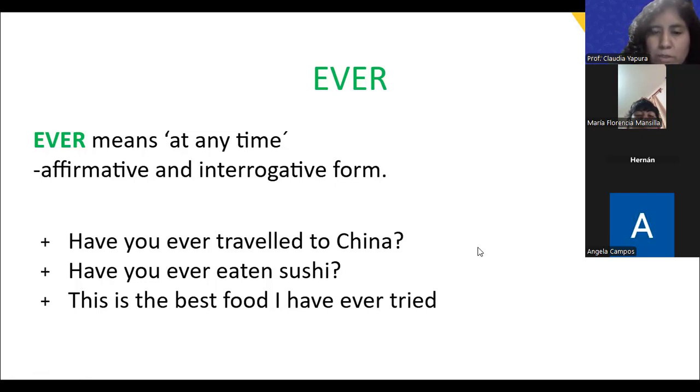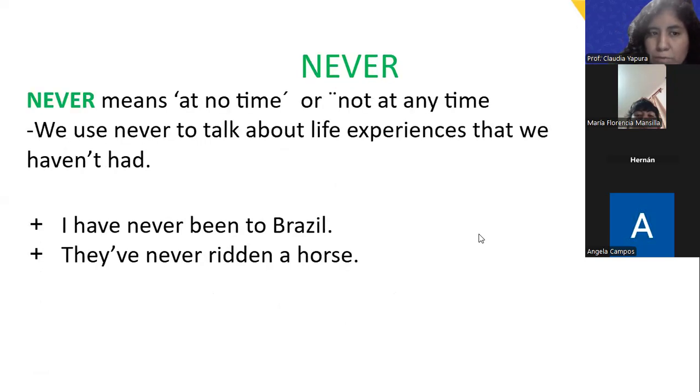And we use never when it means at no time, to talk about life experiences that we haven't had. For example, I have never been to Brazil, and they have never ridden a horse.